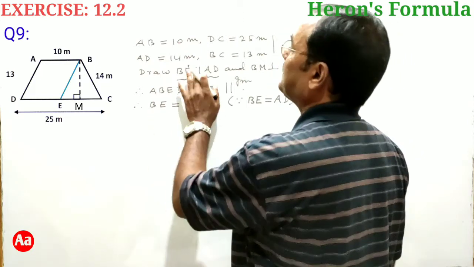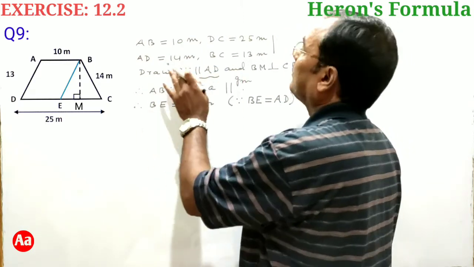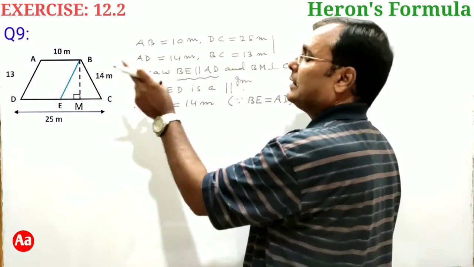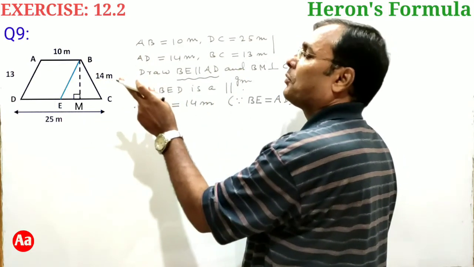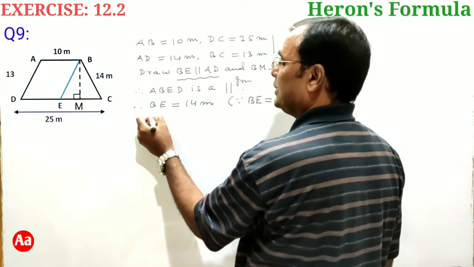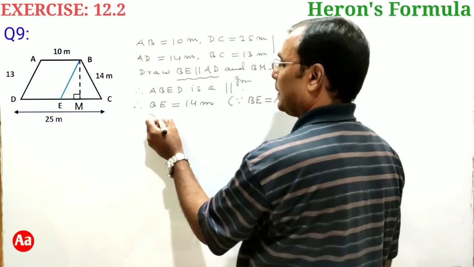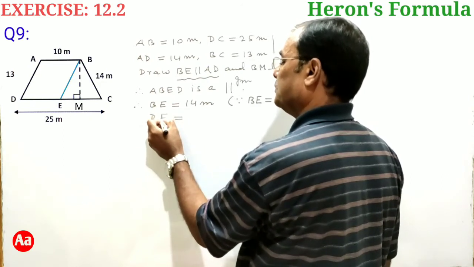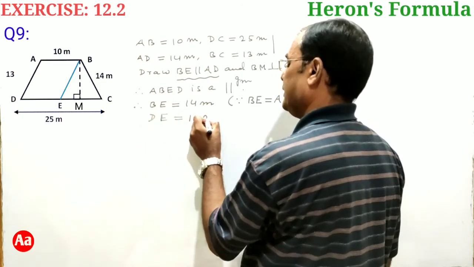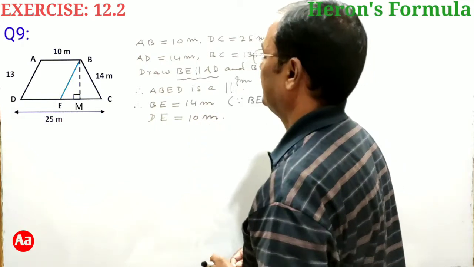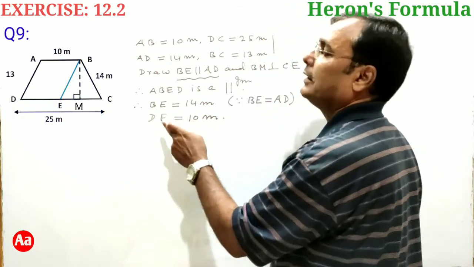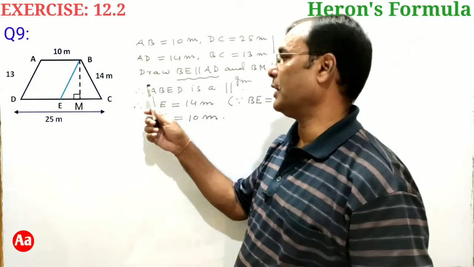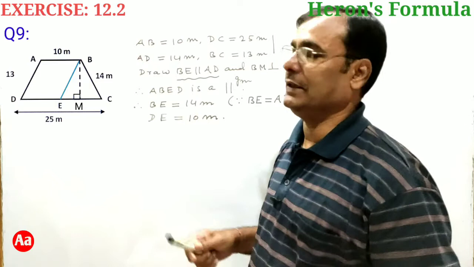DC is given 25 meter. AB and DE are opposite sides, so DE will be equal to 10 meter, because DE and AB are opposite sides of parallelogram ABED.